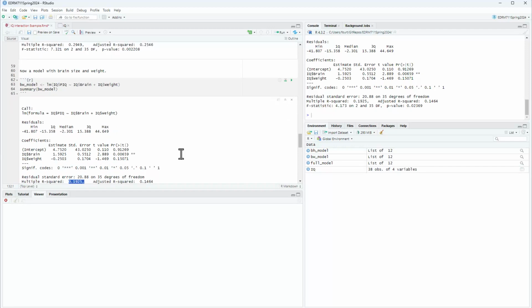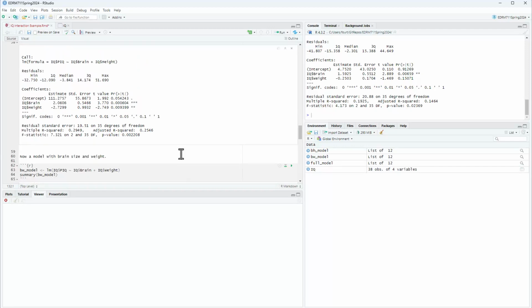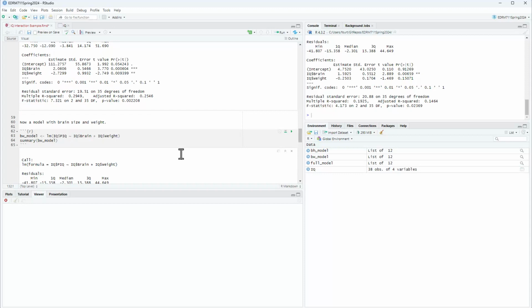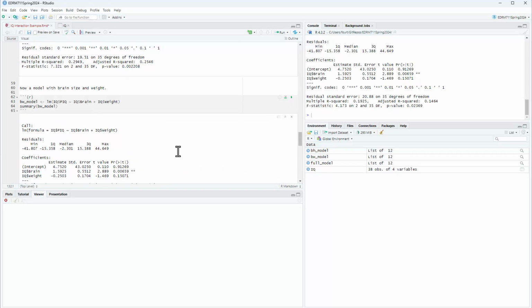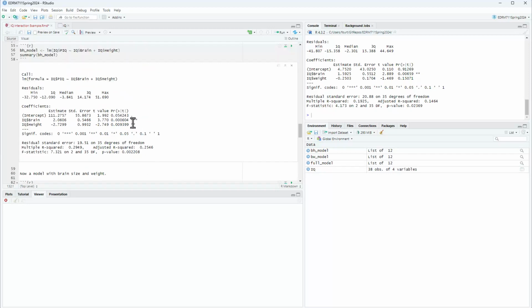So I am thoroughly convinced that I can take weight out of the equation, have a more parsimonious equation that's just as good as if I had had weight in there with just brain size and height. So we're going to stick with this model here, brain size and height. We're going to account for almost 30% of the variation in IQ with those two variables.